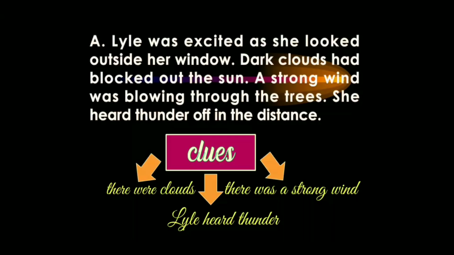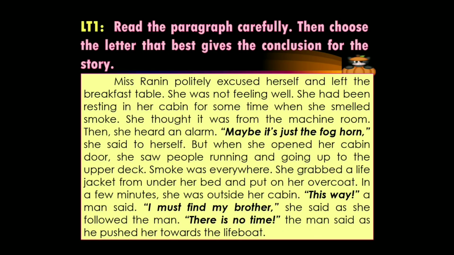Now what is about to happen when there are dark clouds, a strong wind, and thunder? A storm or heavy rain is about to happen. Yes, that's right. We know that from prior knowledge, even though the passage did not mention the storm or even rain. Okay, very good.